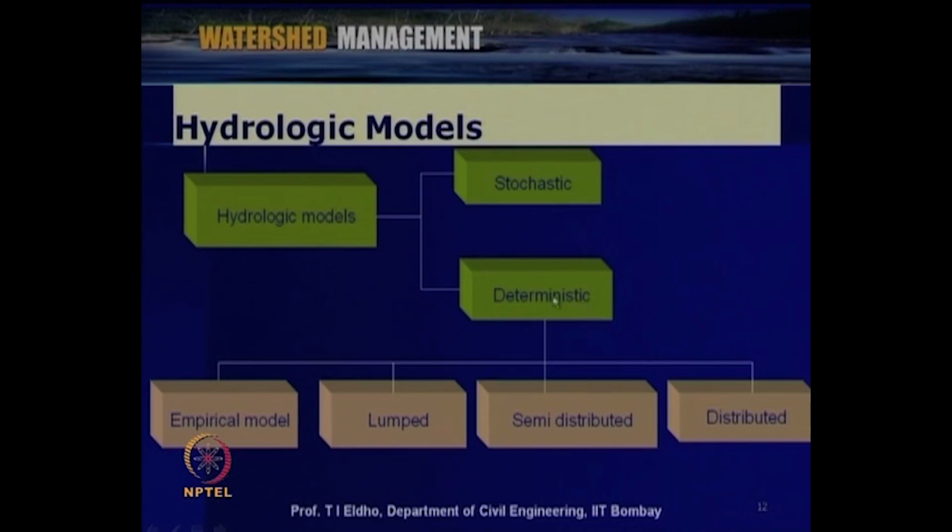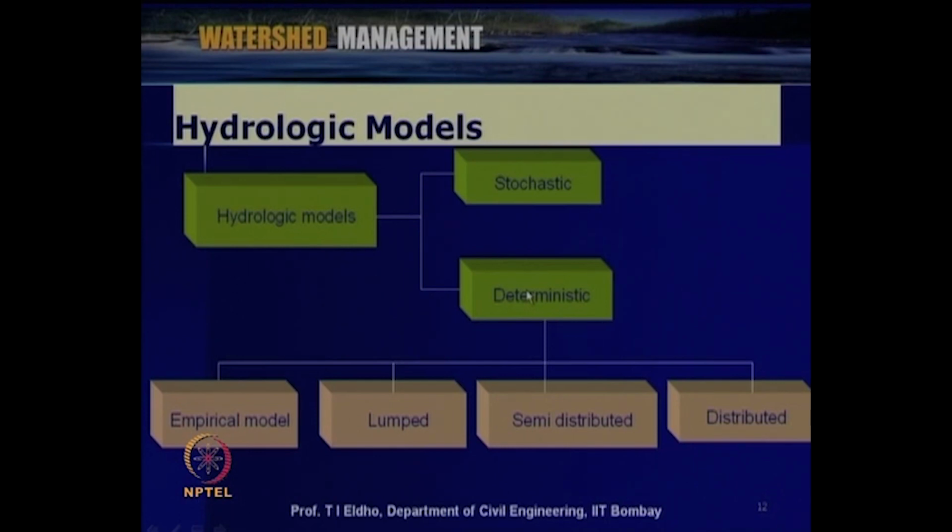Deterministic hydrologic models means many of the parameters are deterministic, so we are not considering any probability or stochasticity in the system. Here we solve typical governing equations in a deterministic way.